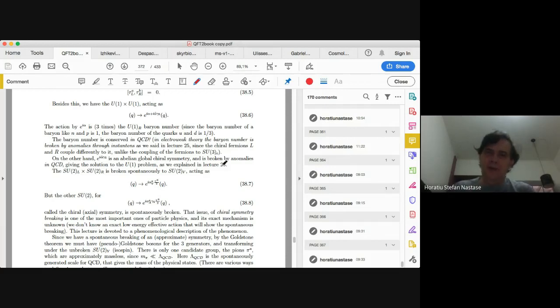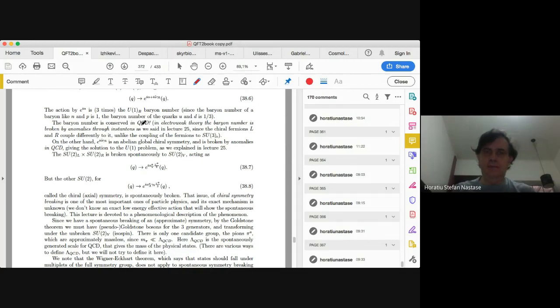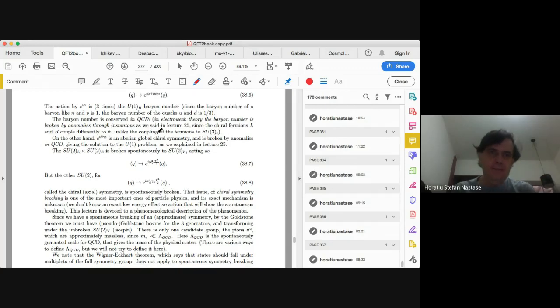The U1 problem was the fact that there is this U1 and people did not see it in low energy QCD, in particle physics. And so they wondered where it is. And the solution was that there's an anomaly which breaks it at low energy. But this other one is not broken at low energy. It's only broken when you go to electroweak.